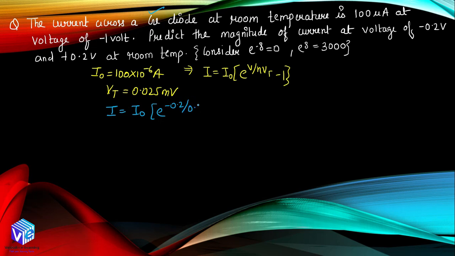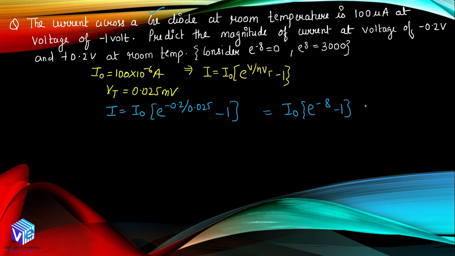So we will have 0.025 in the denominator, and then minus 1, right? So you can see here we have e raised to power minus 0.2 upon 0.025. When you solve it, it will be equal to e raised to power minus 8 minus 1, right?